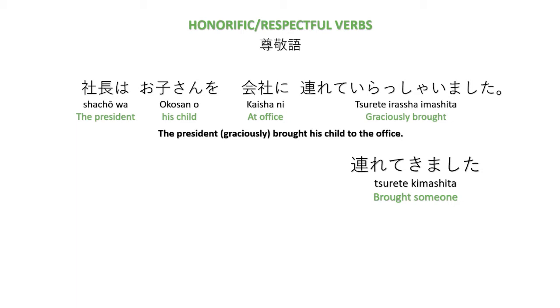Here, 連れていらっしゃいました, we use 連れてくる and its masu form, 連れてきました, brought someone. We are giving respect to what the president did. We did not merely describe what he did, but we gave respect to the action that he did.